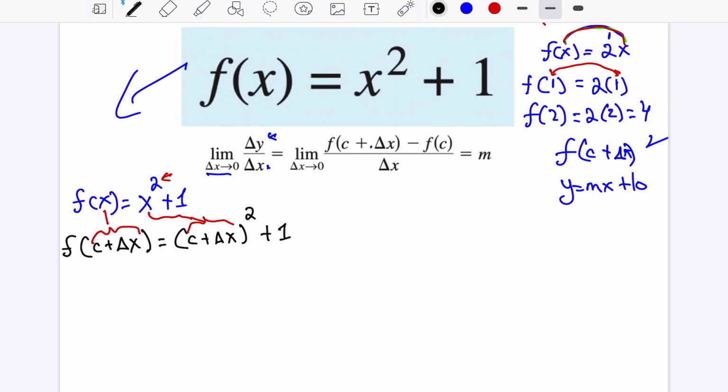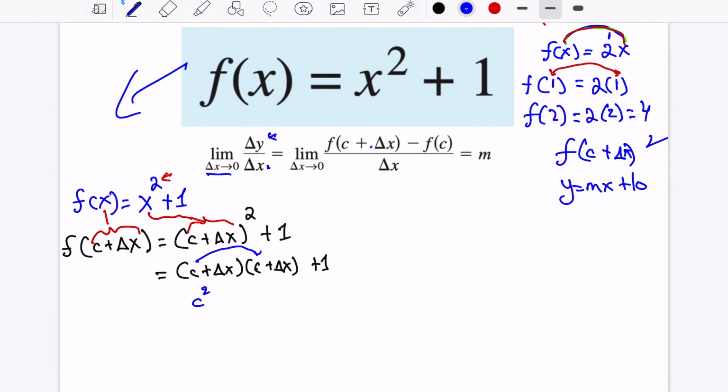Now we're ready to expand that. So we have c plus delta x times c plus delta x plus 1. So that's what we have so far. Now let's do distribution here. So we end up with c squared.